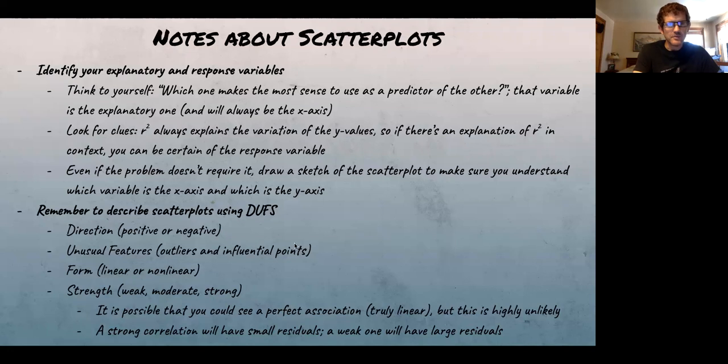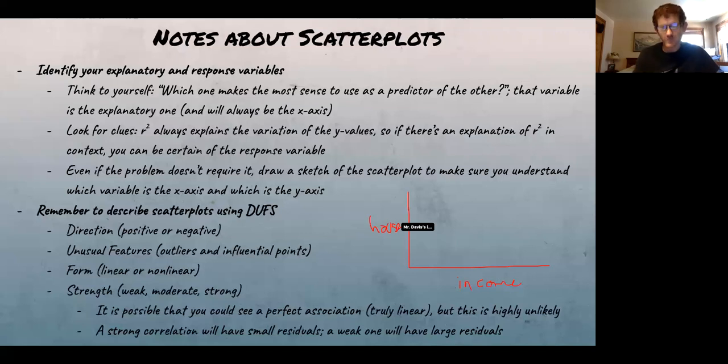And even if the problem doesn't require it, draw a sketch of the scatter plot. So you might tell yourself, okay, that's the explanatory, this is the response, but go ahead and do it, it takes like 10 seconds. So I would put, okay, income is my explanatory, and whatever, size of house is my response.